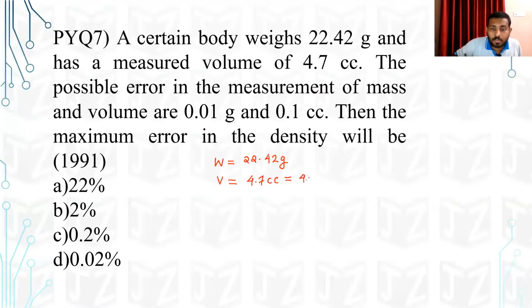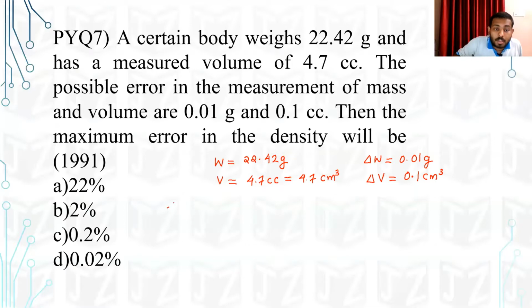The possible error in the measurement of mass and volume: the error in weight or mass is given as 0.01 gram, and the possible error in volume is equal to 0.1 centimeter cube. So we have to find the maximum error in the density.